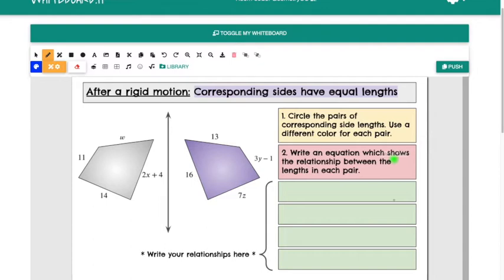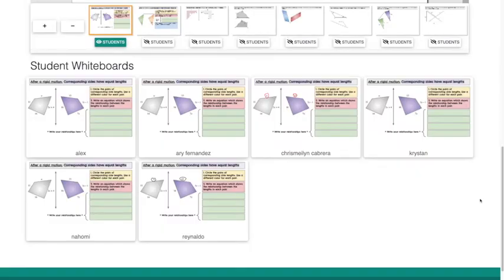And then start circling the ones that match. All right, so to start us off, I know that when I flip it after visualizing, W and 13 correspond to each other. They overlap, they match. I see some of you already ahead of me. That's great. I see Naomi circled 11 and 3y minus 1.